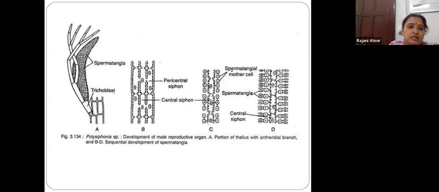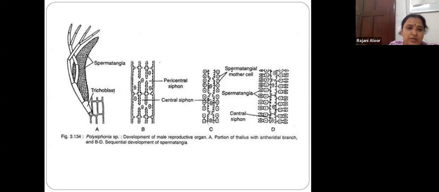The monosiphonous fertile branch, the single one, of the male trichoblast bears many unicellular, spherical spermatangia. Each spermatangium is uninucleate, a single nucleus is there, and each produces a single spermatium, the male gamete.